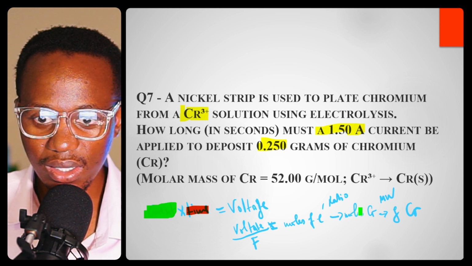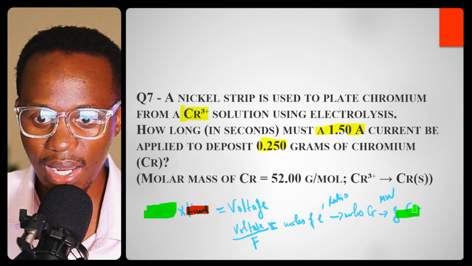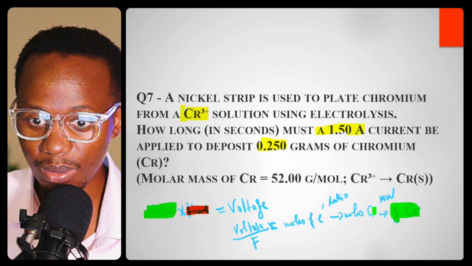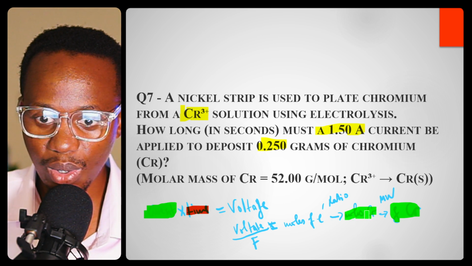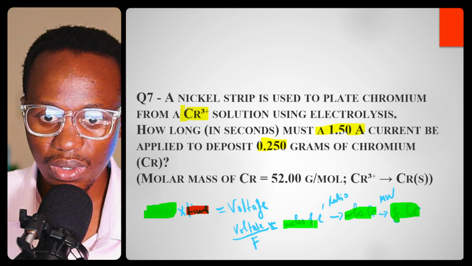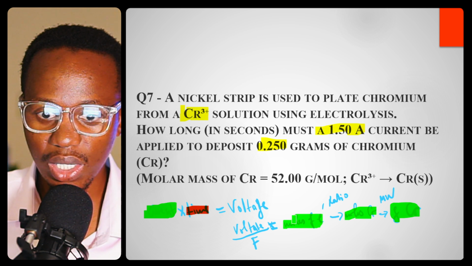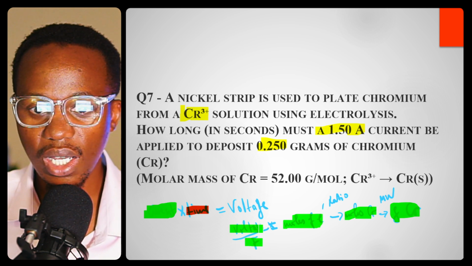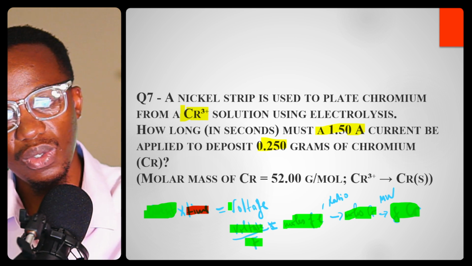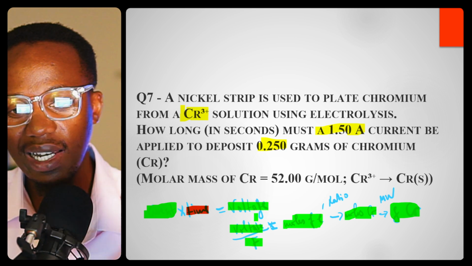They gave us the grams. So if you have the grams, you can go from grams to moles, from moles of chromium to moles of electrons, and then from moles of electrons, you multiply by the Faraday constant and you get the charge. And then when you get the charge, you can find the time.